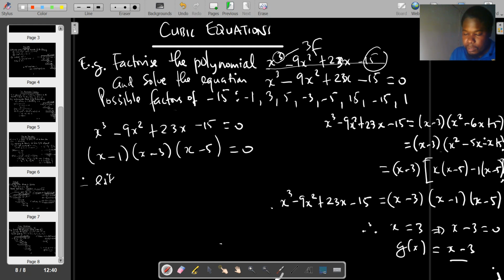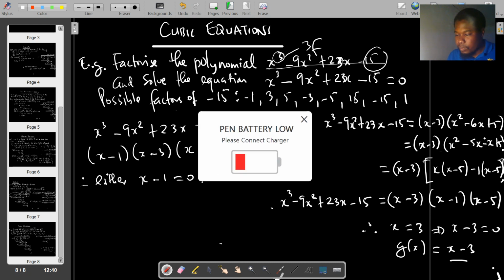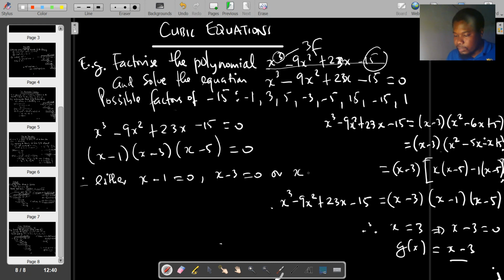Therefore, either x minus 1 equals 0, x minus 3 equals 0, or x minus 5 equals 0.